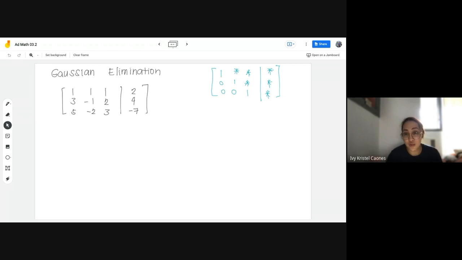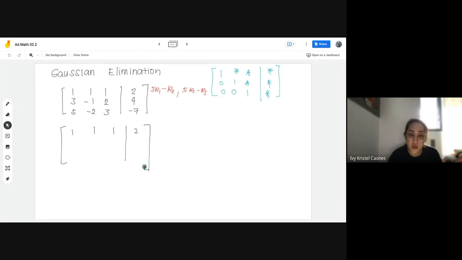So, then we go to the next step. That next step is to zero all the elements below that first entry. So, which ones? You have to zero this element. And how? You multiply 3 R1 minus R2, and 5 R1 minus R3. Then, after that, copy 1, 1, 1, 2.